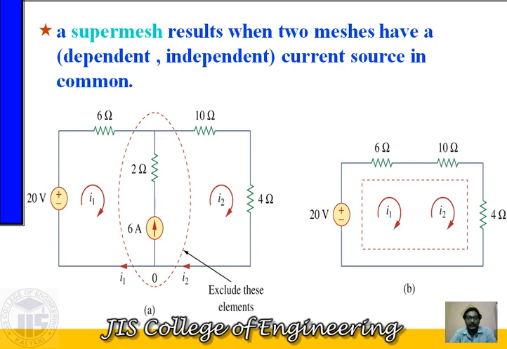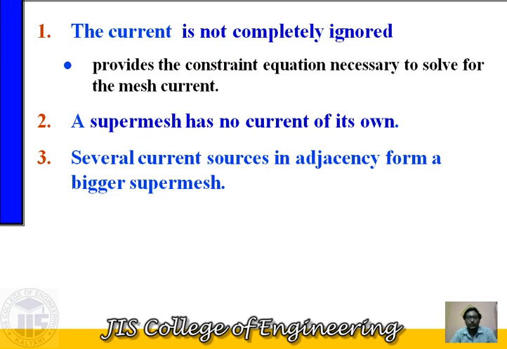This is the concept of the super mesh. As given in this slide, the current source is not completely ignored. We cannot ignore that current source, and the super mesh has no current of its own.